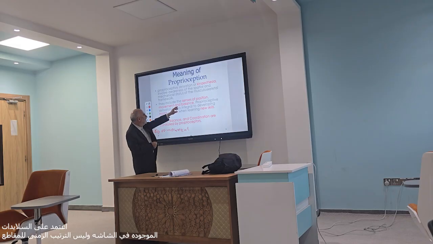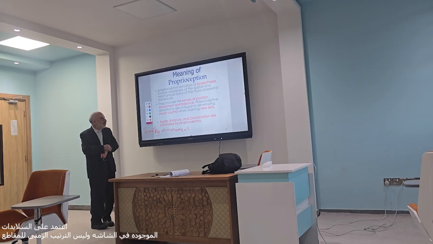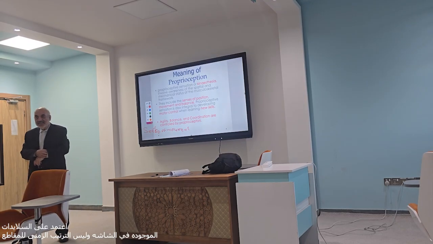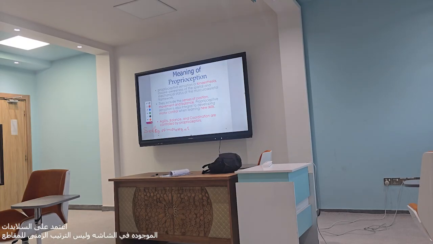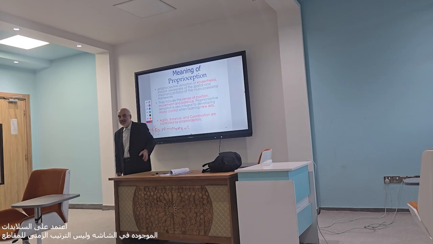So sense of position is very important. Movement, sense of balance. These are very important. If you train the proprioceptors, it means that you develop the motor control and also when learning new skills. What does that mean, new skills?